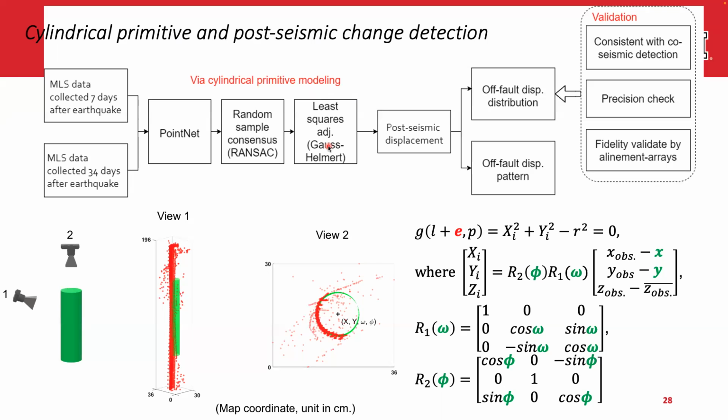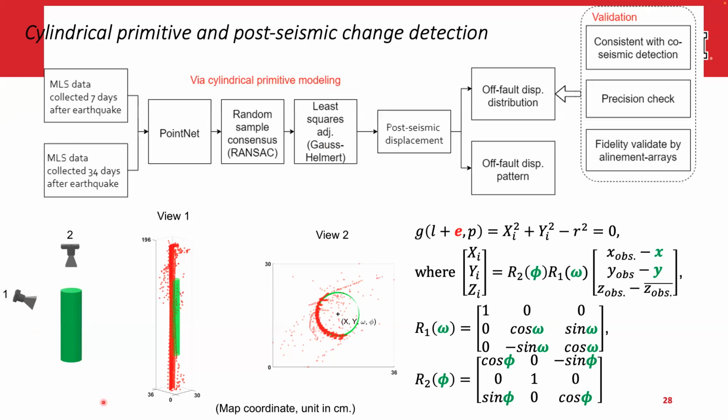So we are getting both deformation and a model of the primitives all in one step. We are then comparing those to ground measurements of the displacement over that 27-day period.